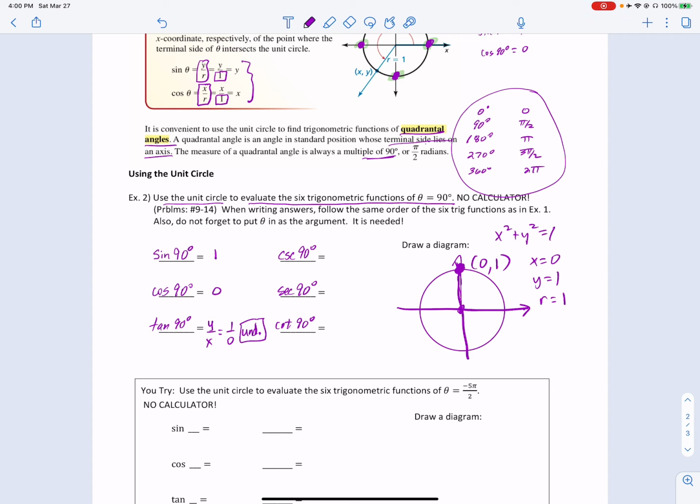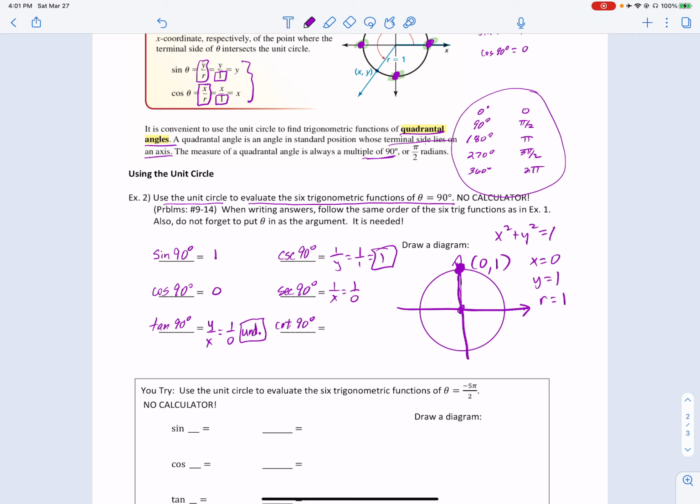So the cosecant ends up then being 1 over y, because it's the reciprocal of sine. And since y is 1, it's 1, and the reciprocal of 1 is 1, so it makes sense. The secant ends up being 1 over x, but the x is 0.